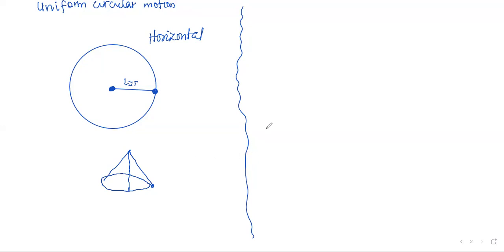Now let's look at vertical circular motion, or vertical oscillation. In vertical circular motion, the object is whirled vertically. An application of this is the roller coaster.